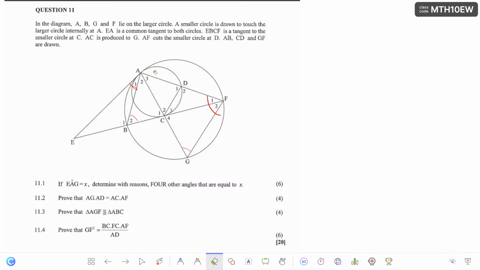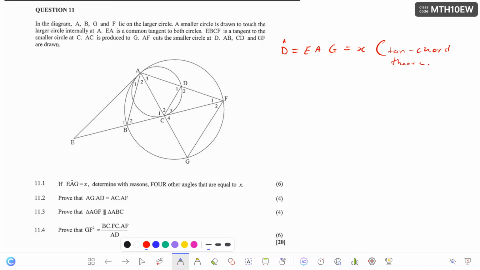Okay, let me try to write so I can locate this. So here I have D1 is equal to EAG, which is equal to x. Reason: tan chord theorem.